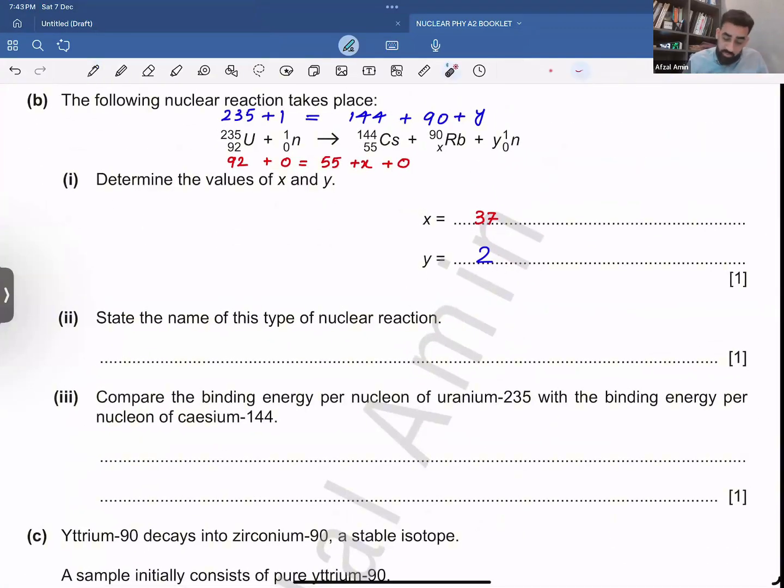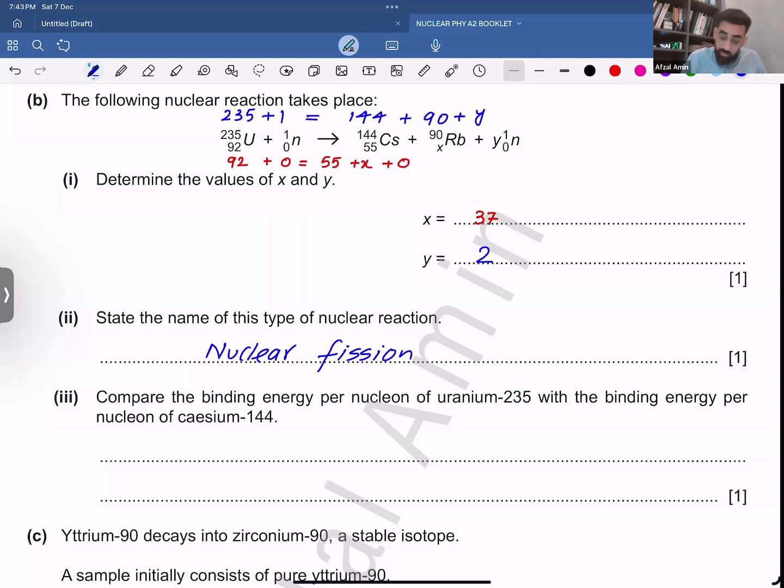Now the next question is state the name of this type of reaction. You already know a large nucleus is splitting to form two smaller nuclei. So this reaction is called nuclear fission. A large nucleus is splitting into smaller nuclei.